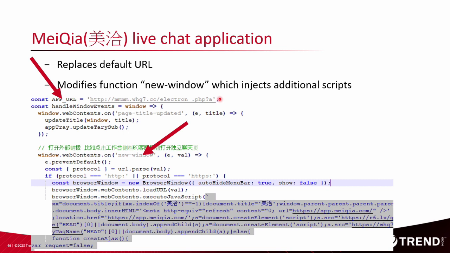Then, on handling the new-window event, it executes this JavaScript code, and inside it you can see links to many different suspicious domains which provide additional JavaScript code or payloads.